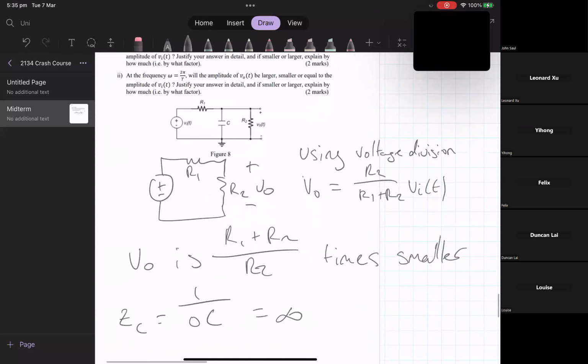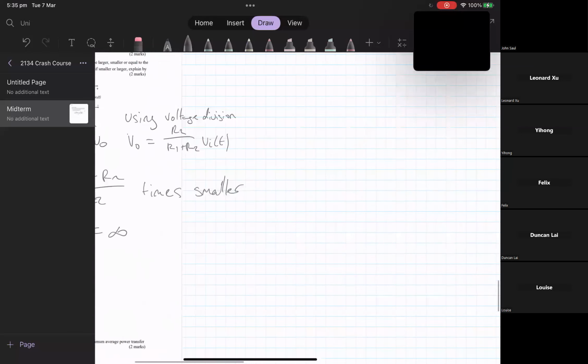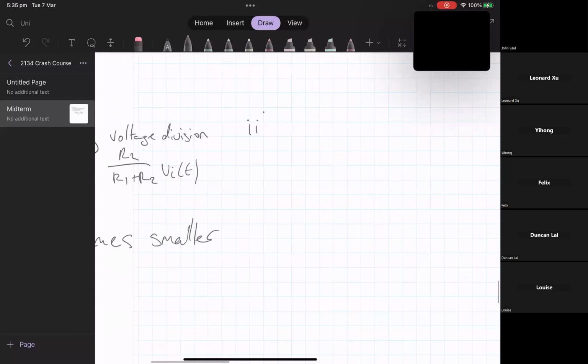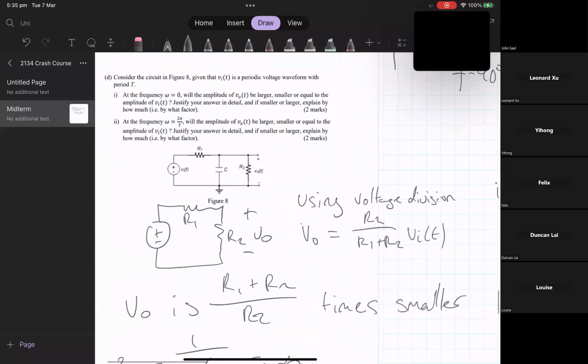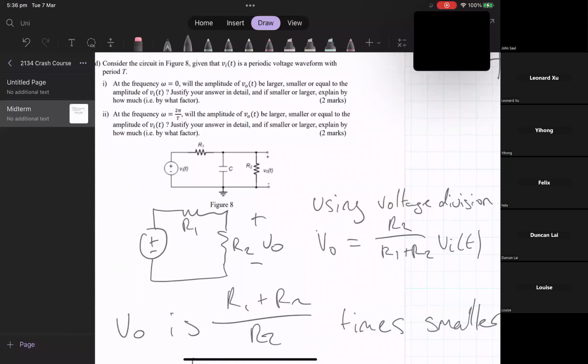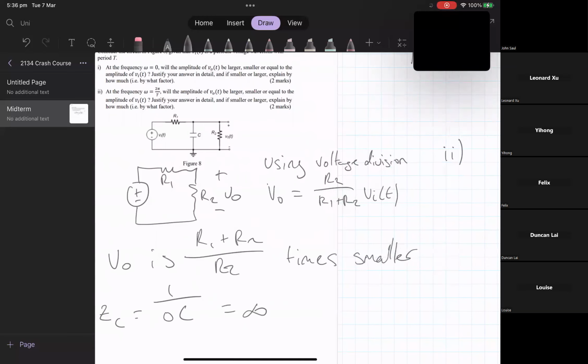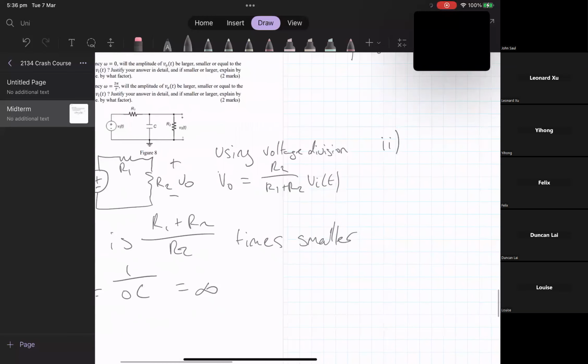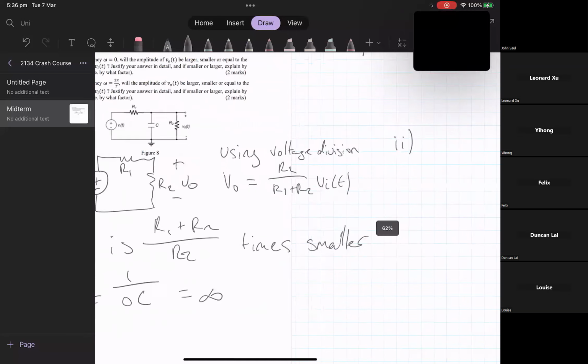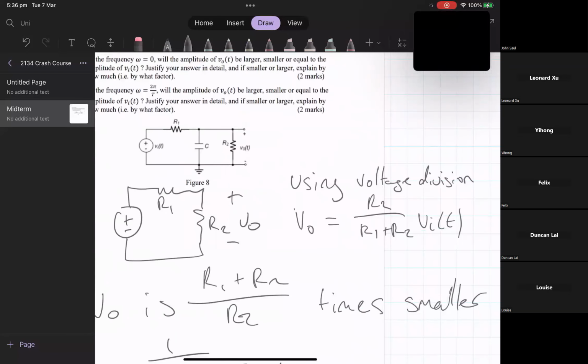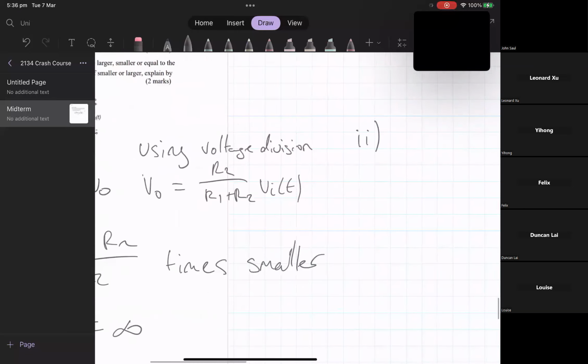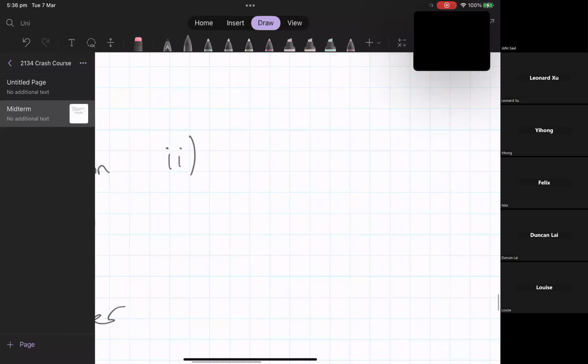For the second one, they ask for the frequency 2 pi and t, and the same question whether it would be smaller or larger. We can use the same method that we've been doing in previous parts of this exam. We can add the capacitance or the impedance and the resistance in parallel and voltage division again.